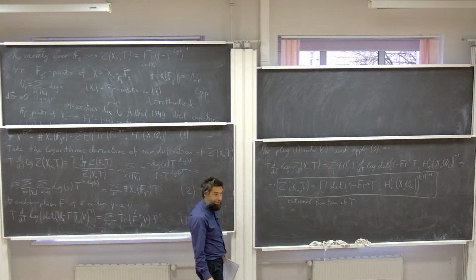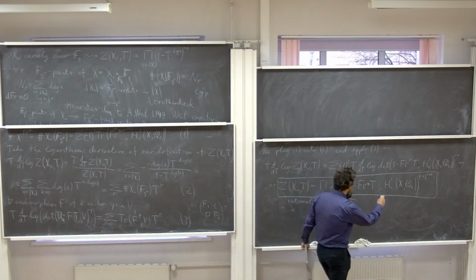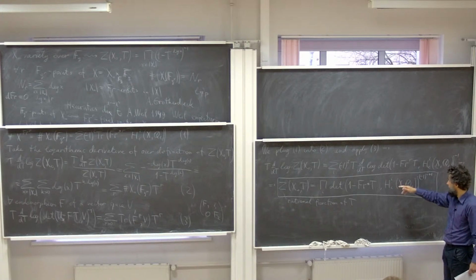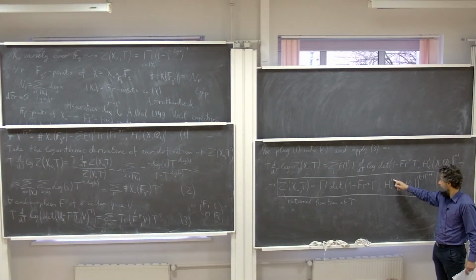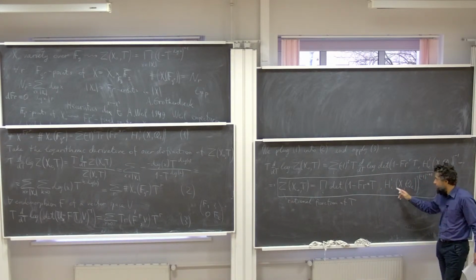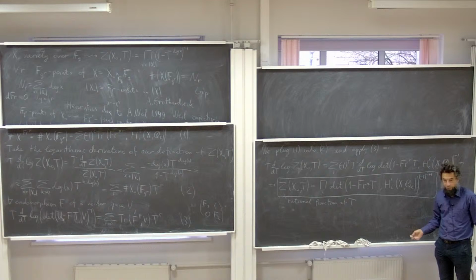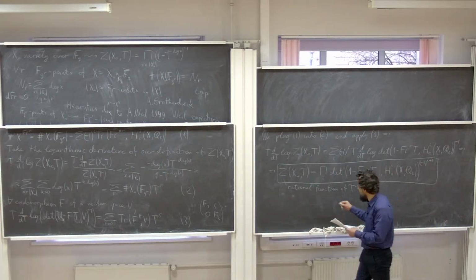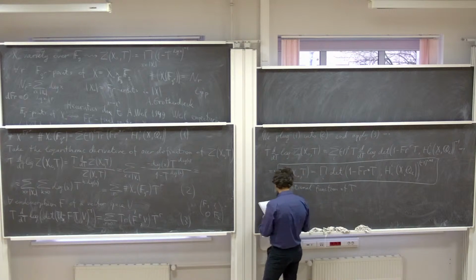Okay, and the numerator corresponds to odd cohomology. The denominator corresponds to even cohomology. And the degrees of these polynomials are the dimensions of cohomology. And now there is one extra piece of information.